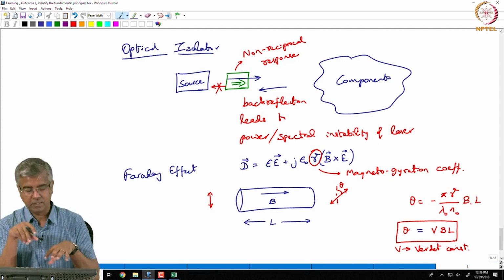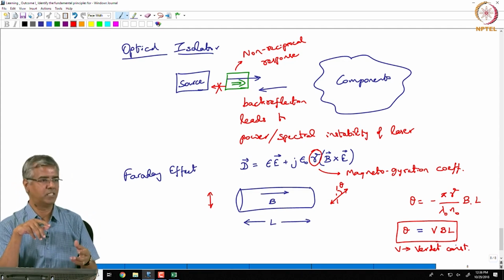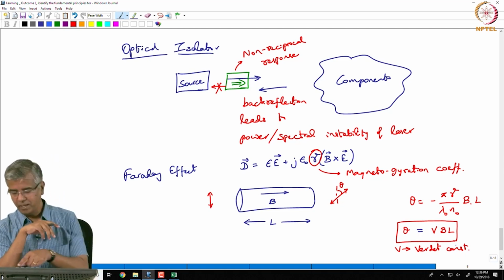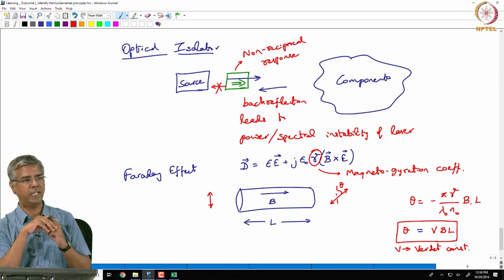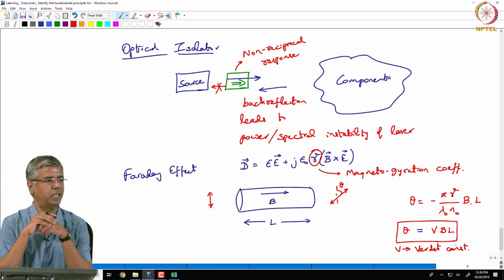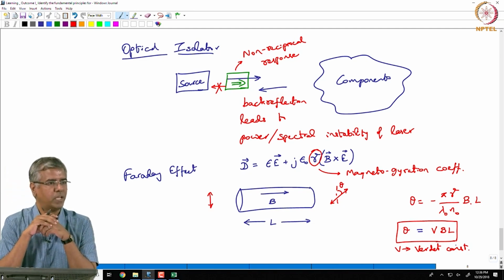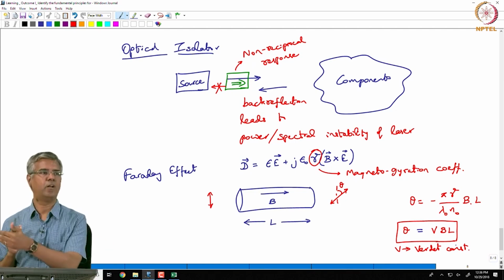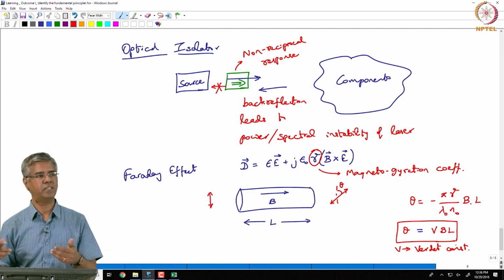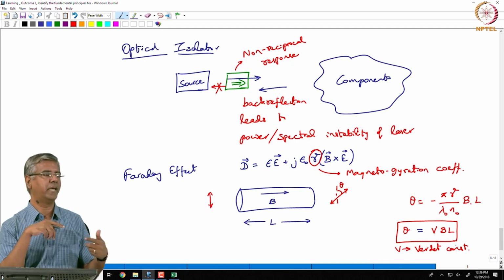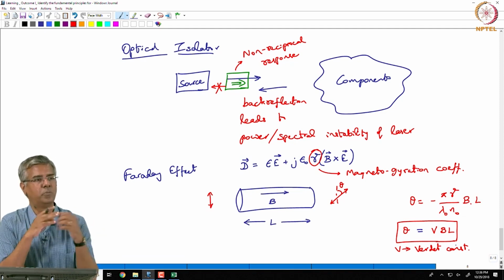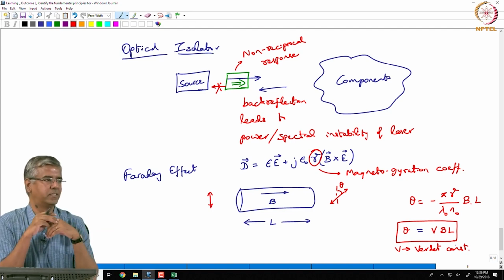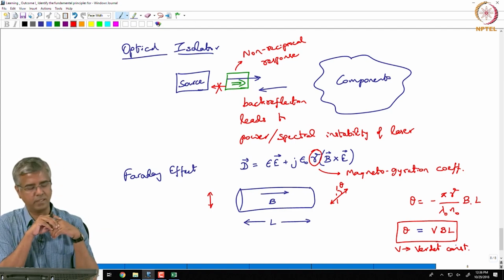But this Faraday effect is not reciprocal. Why? Because the sign of the rotation depends on B cross E. In one case, B is oriented along the direction of propagation, in the other case B is oriented against the direction of propagation. So, the rotation would have been in the other direction.